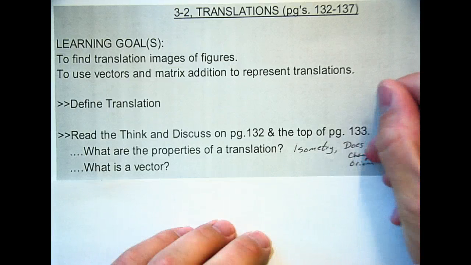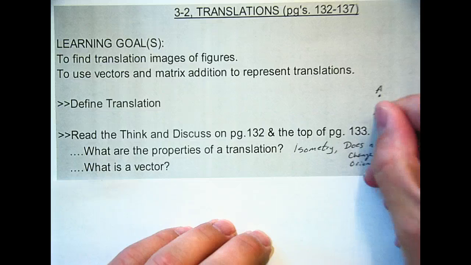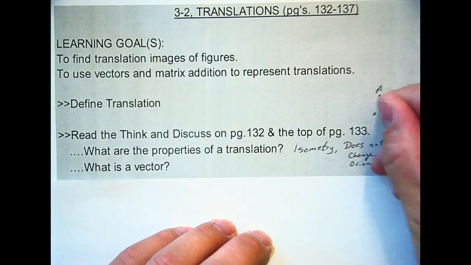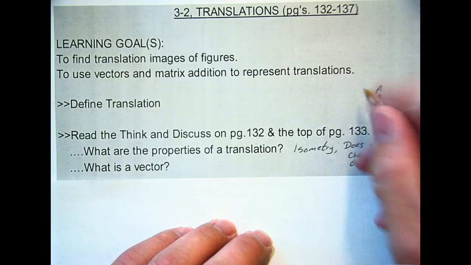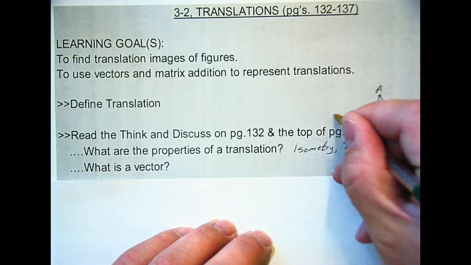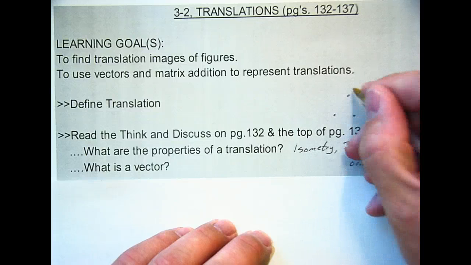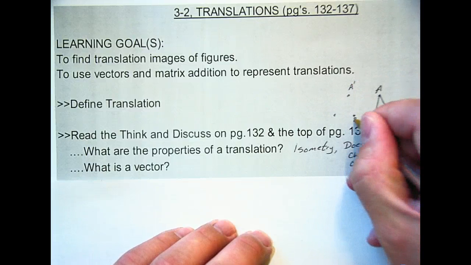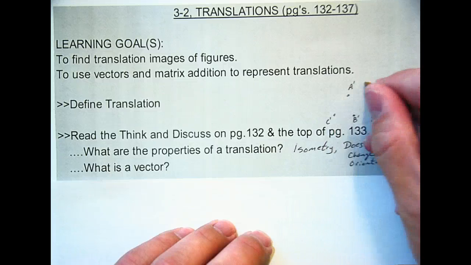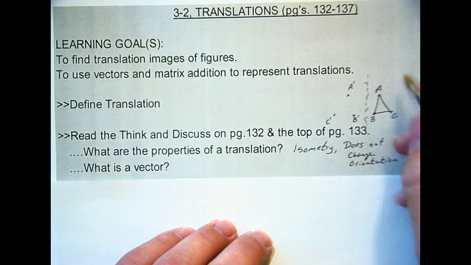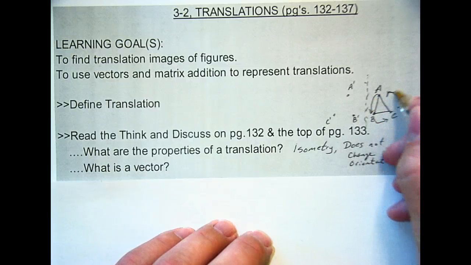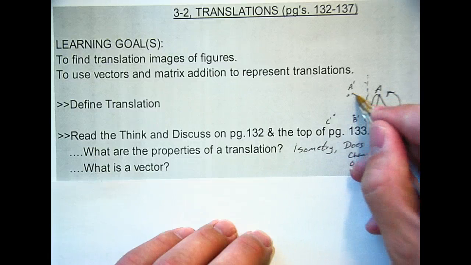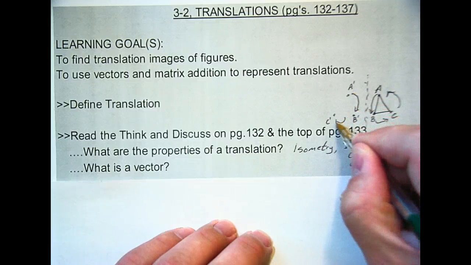Good, the order. So you remember yesterday we talked about three points making a triangle. If we called those A, B, and C, and then when I reflected it, I had A prime, B prime, and C prime, if this was my line of reflection right in here. If I reflect those, notice A, B, C is going counterclockwise. In a reflection, it changes orientation.